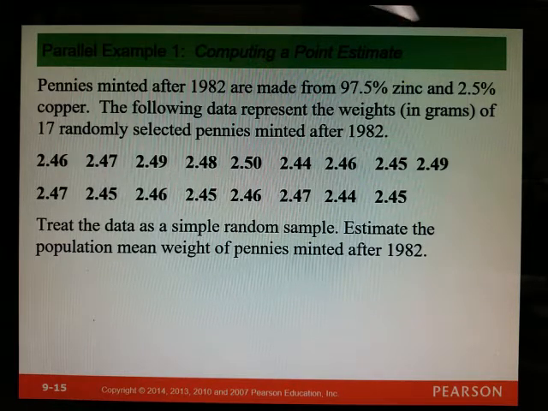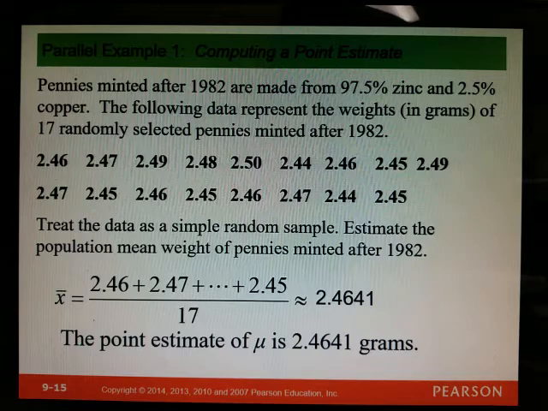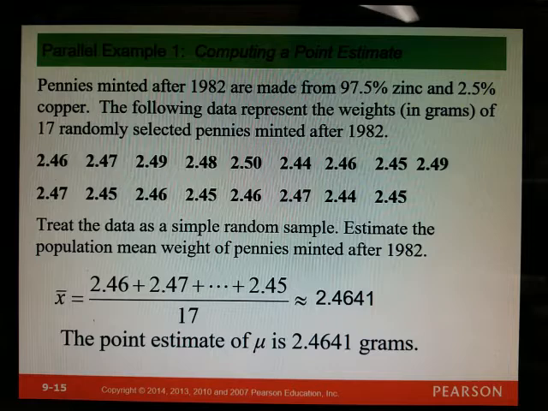To estimate, we add all of them together, divide by 17, and there's my mean, 2.4641. We call that a point estimate. In other words, I think the mean weight of pennies minted after 1982 is going to be somewhere around 2.4641 grams.